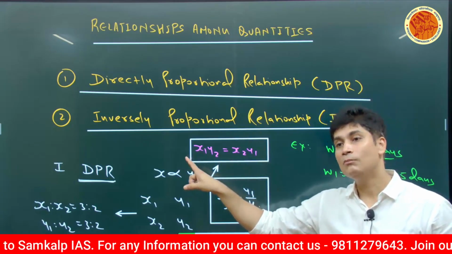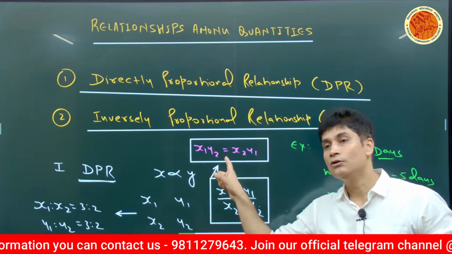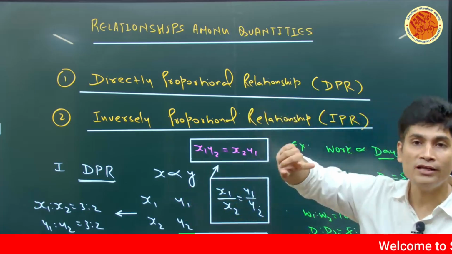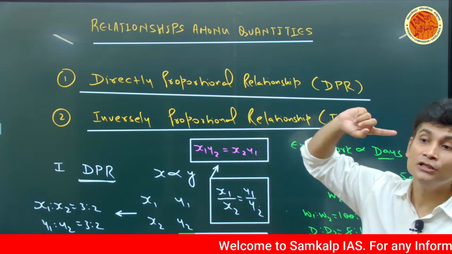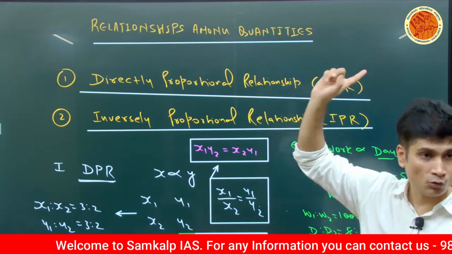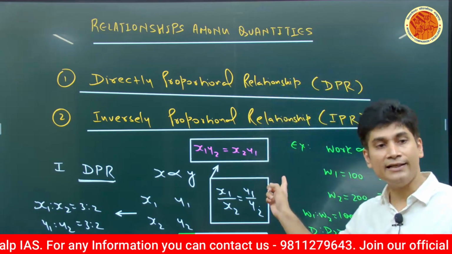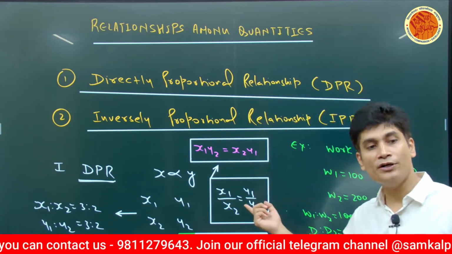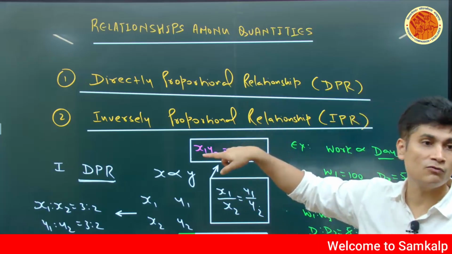That x1 multiplied with y2 means the first part of quantity 1 will be multiplied with the second part of quantity 2, and the second part of quantity 1 will be multiplied with the first part of quantity 2.